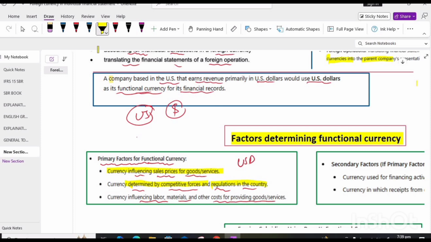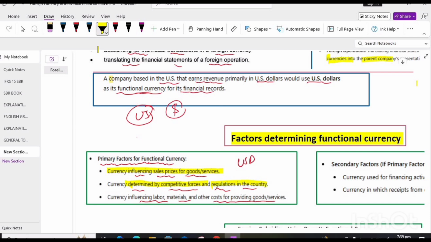Let's say a local bakery in France sets its price in euro because it competes with other French bakeries and must follow French regulation. That is the functional currency for that bakery, which is locally selling bakery products in France.